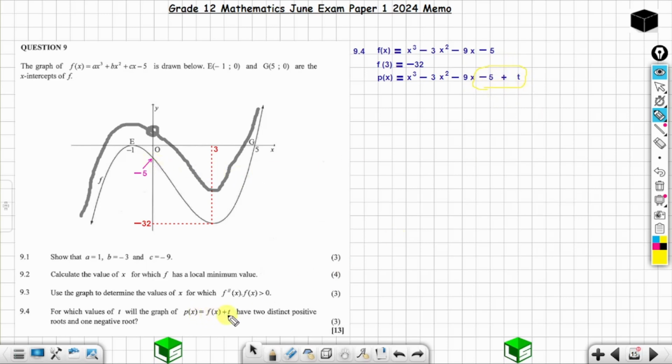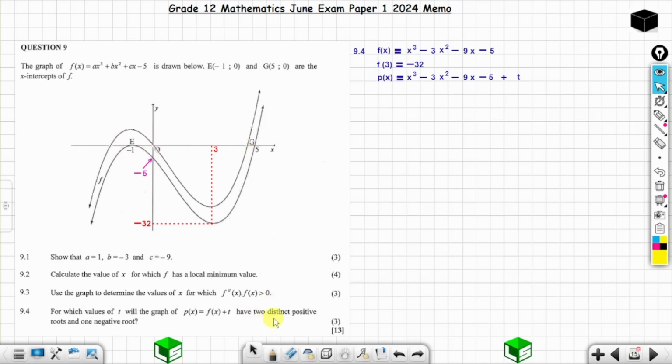The question is to find t in such a way that you have two distinct positive roots and one negative root. So we need to shift the graph upward. Okay, so if you try to do that, you are going to have one negative root and one positive root, and another root at 0.